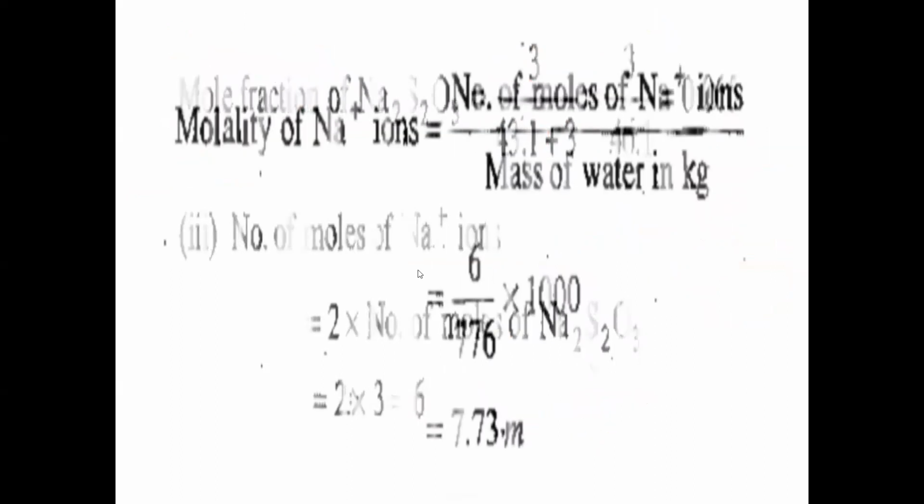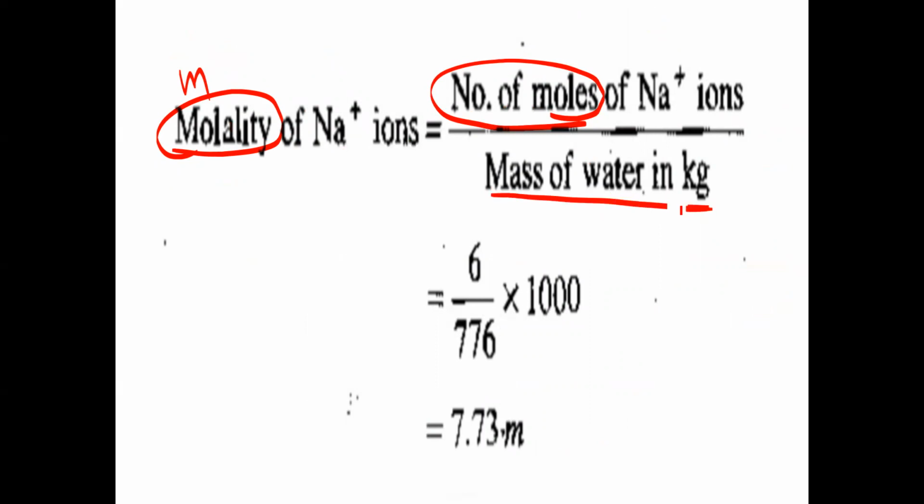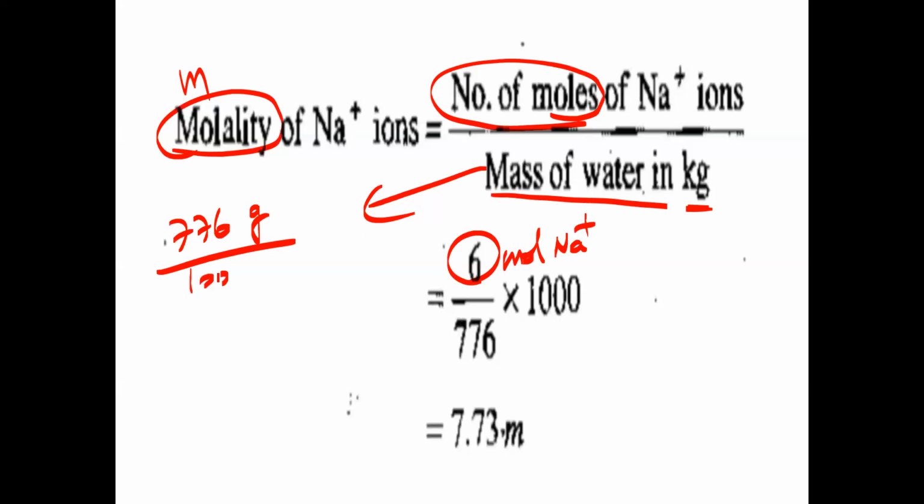Okay, next. Molality means small m. Molality of Na plus ions is equal to the number of moles of Na plus by mass of water in kg. The number of moles is 6 moles of Na plus, divided by the mass of water in kg: 776 grams of water by 1000, which will be in kilograms.